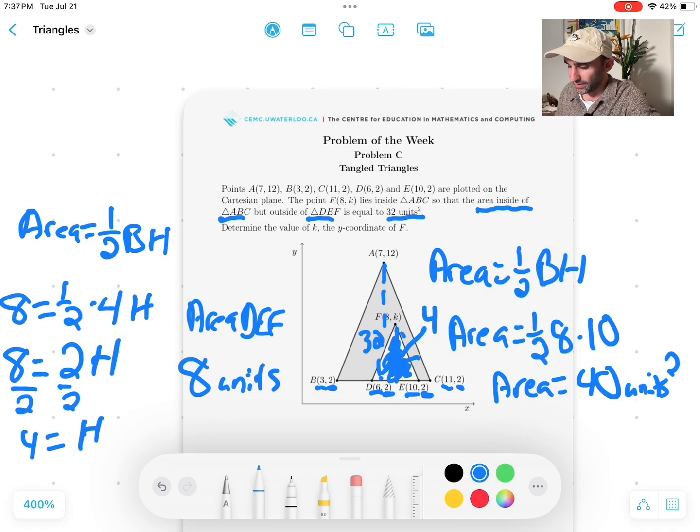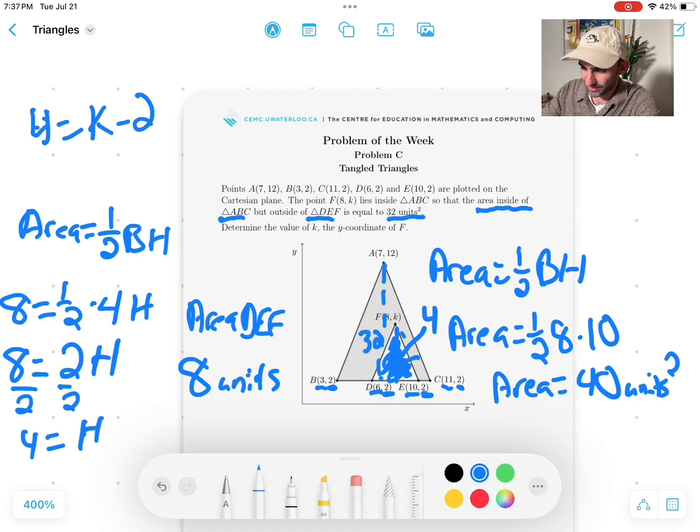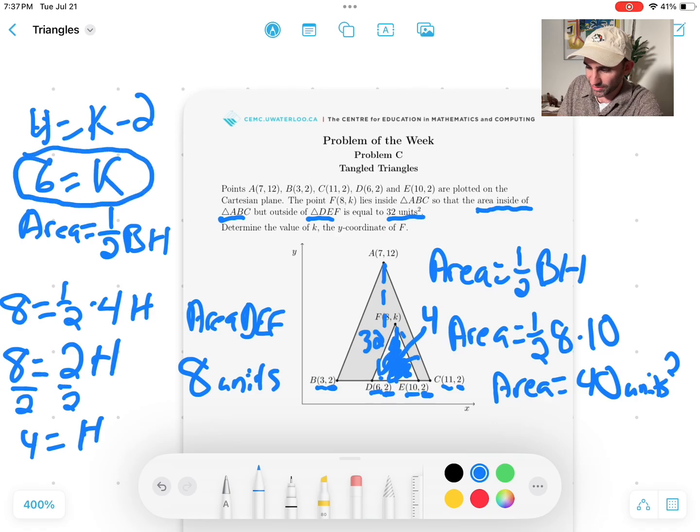So 4 is our height, so 4 is going to equal k minus 2. Add 2 to both sides. We got 6 equals k. So that is our answer. Our value of k equals 6.